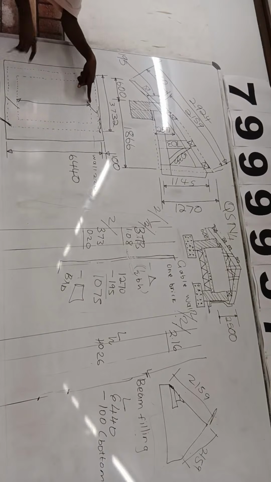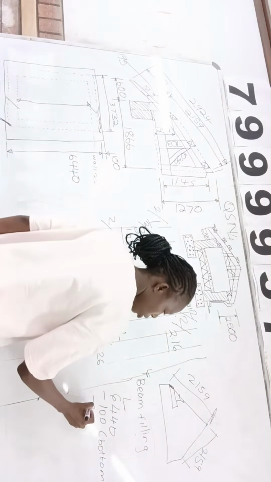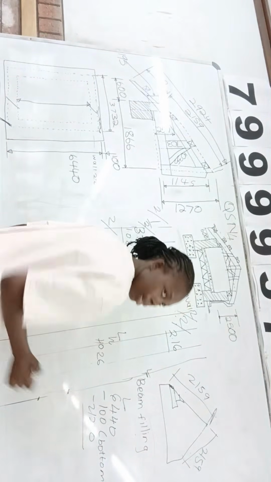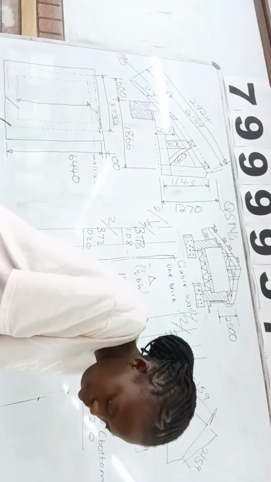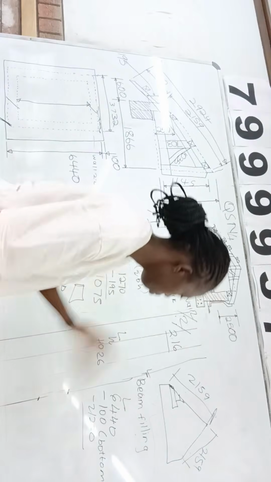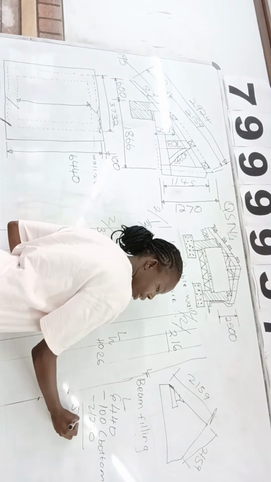You want from here until there, so it's 6440 minus 100 minus 2 of 220. What is the answer? 5900. Do you understand what we did?